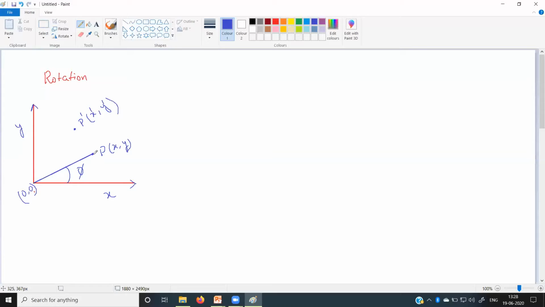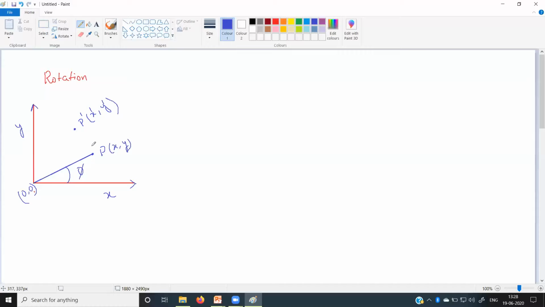So what is my objective? I want to rotate the point P from this position to this position, and the new coordinate will be x dash and y dash, and I want to rotate it by some angle theta. You do the same thing: now you connect P dash with the origin.